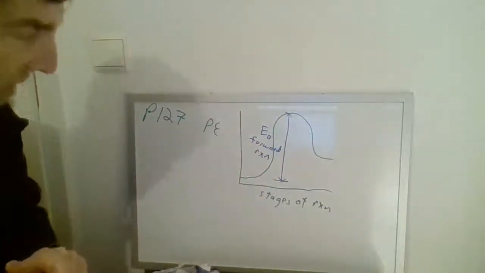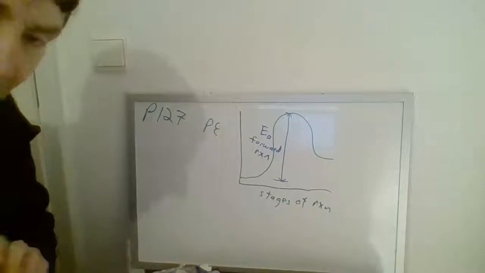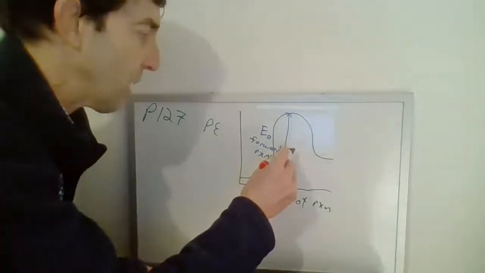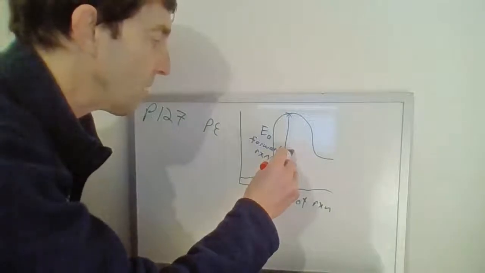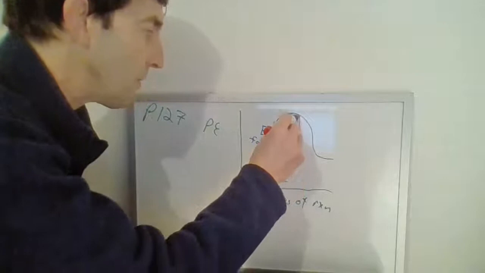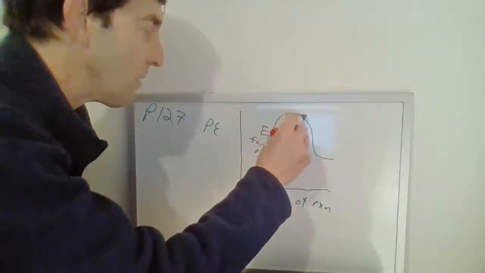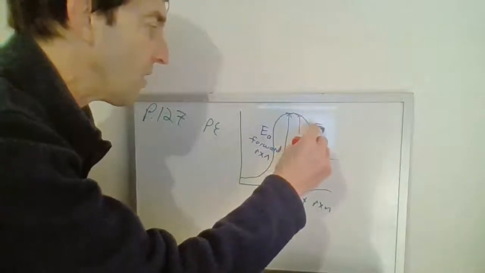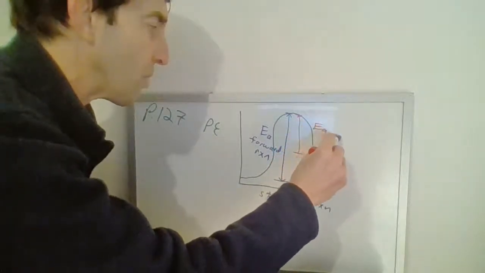But if you think about it, on this diagram, you can also get the EA for the reverse reaction. So that would be here. So this, from there to there, would be the EA for the reverse reaction.